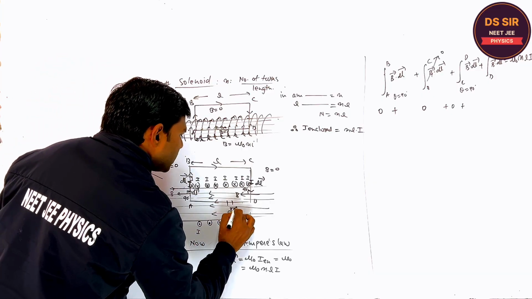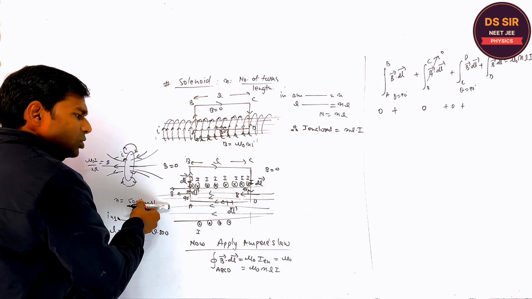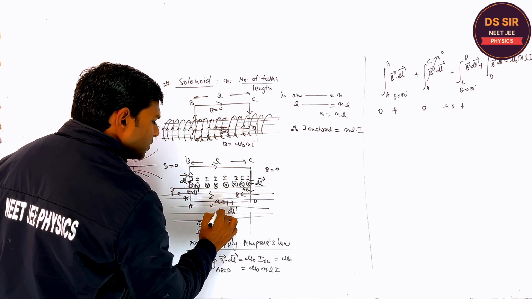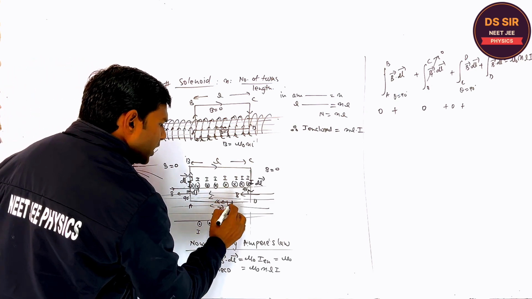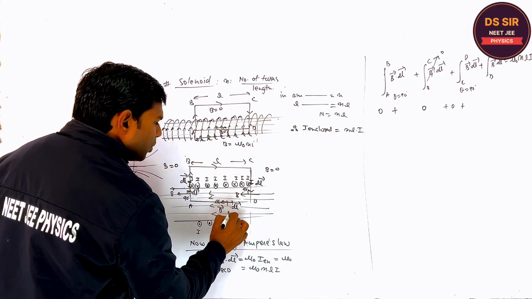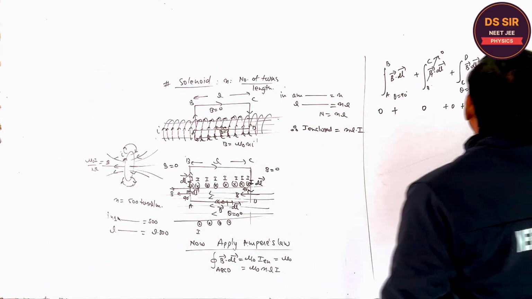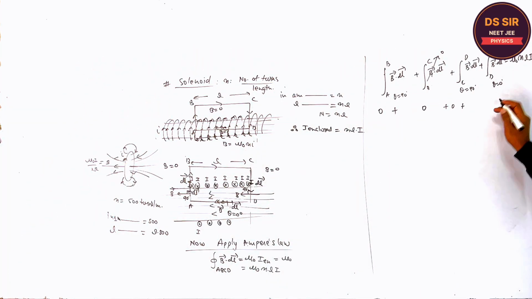If you consider this is the element dl vector, the magnetic field is also present in the same direction. What is the value of theta here? 0.